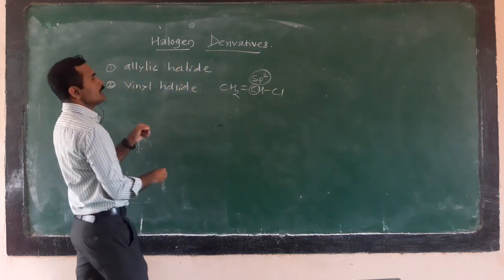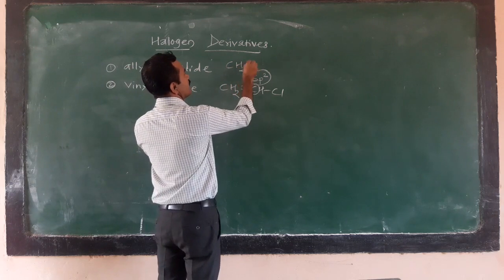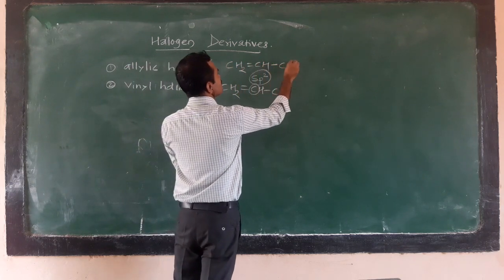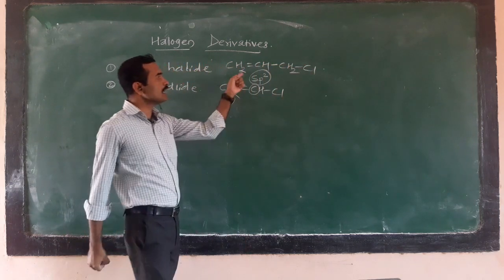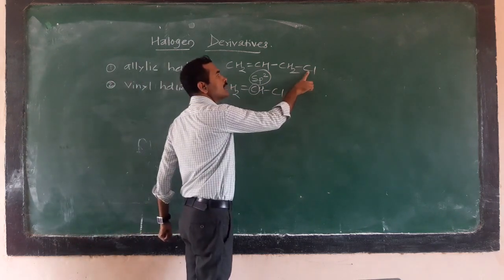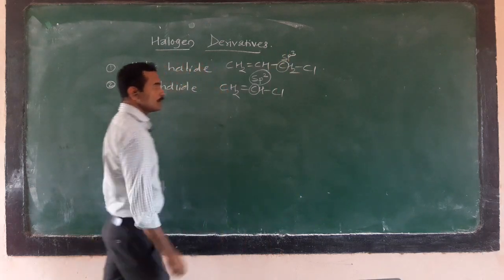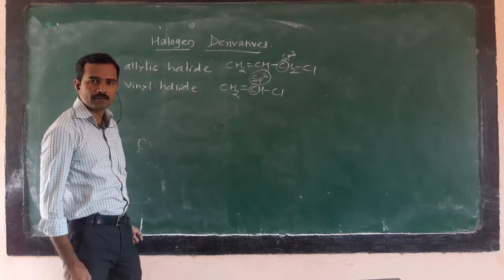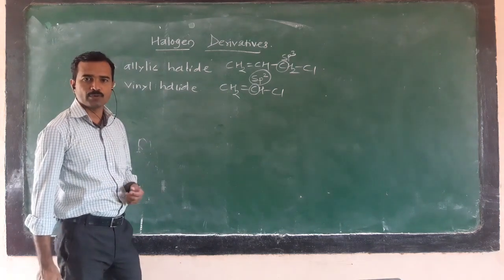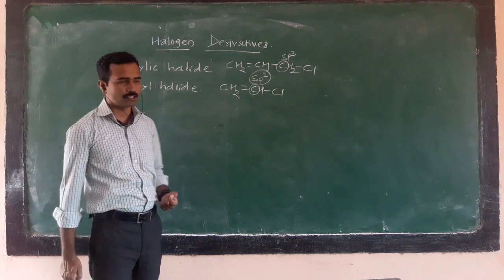In case of allylic halide, once again I'll write the example: CH2=CH-CH2Cl. So this is allylic halide, and the halogen atom is attached to this carbon, which is sp3 hybridized. Singly bonded carbon is sp3 hybridized, double bonded carbon is sp2 hybridized, and triple bonded carbon is sp hybridized, as you have very well studied in the 11th standard.